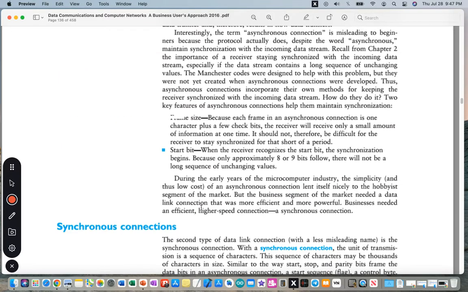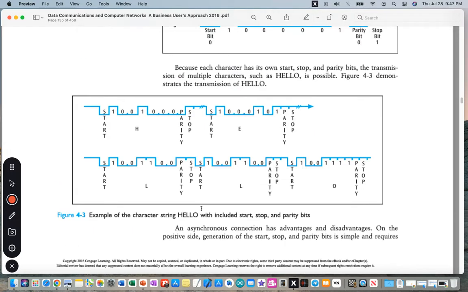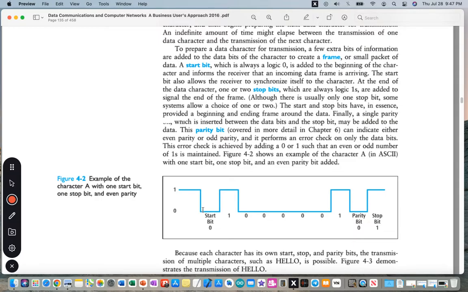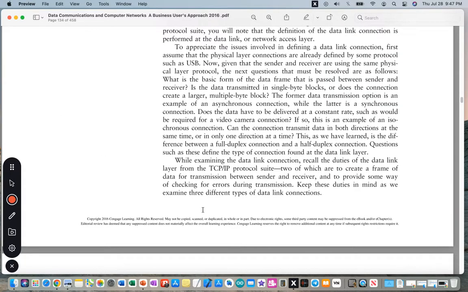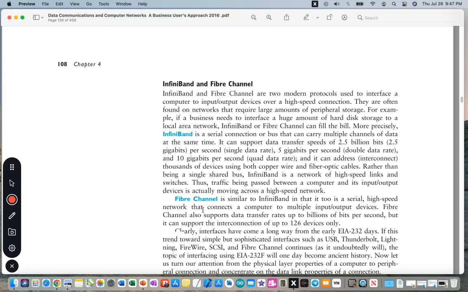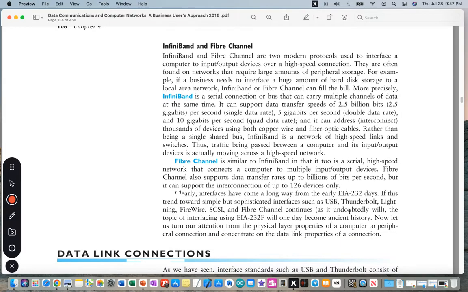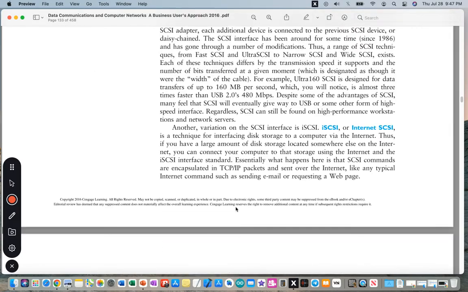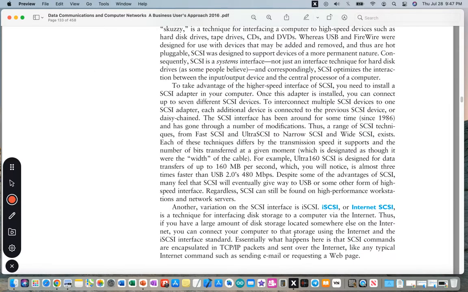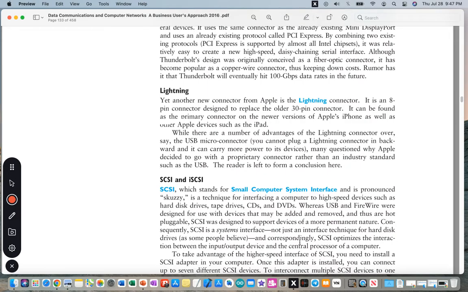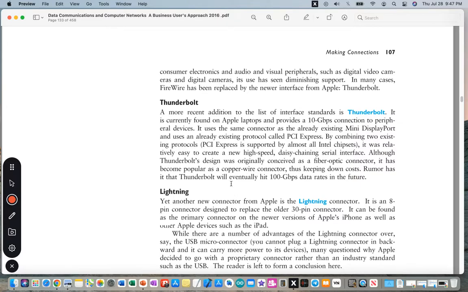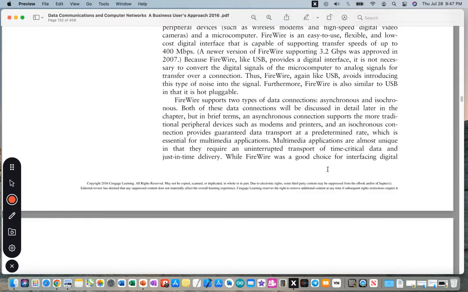Synchronous, asynchronous, and all these are not really related to the X.21. Here, I don't see it. SCSI, iSCSI, the internet SCSI, okay. Thunderbolt, Apple Thunderbolt, okay.